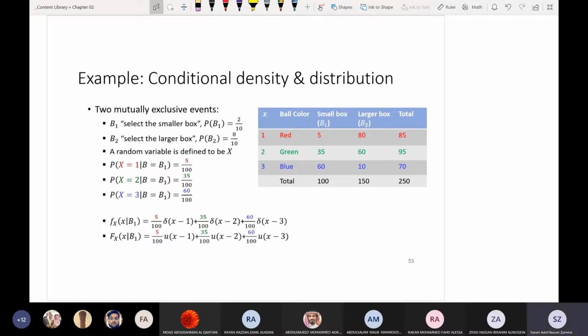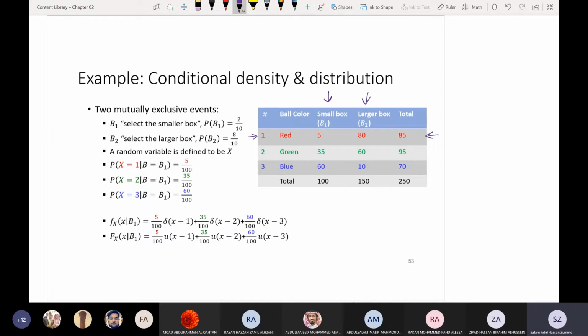Okay. So in this example we have two boxes, a small box B1 and a larger box B2. Now these boxes have some balls in them. The number of red balls is 5 in box number 1 and 80 in box number 2, with a total of 85.